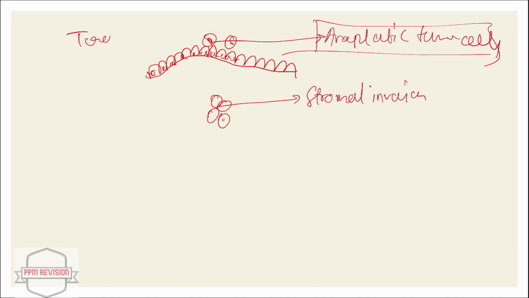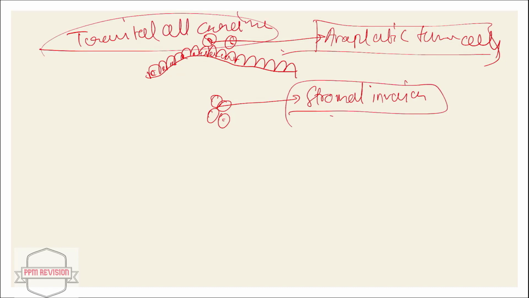I'm just writing it short. So this is nothing but the transitional cell carcinoma. Very easy. Stromal invasion, and there are anaplastic tumor cells that are present. So I will be revising again.